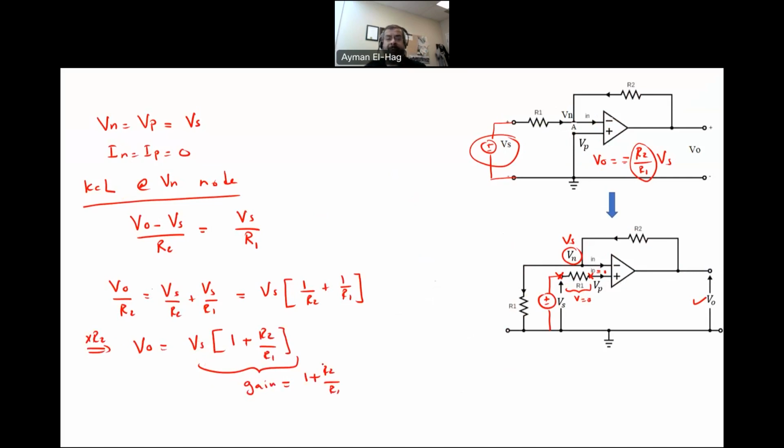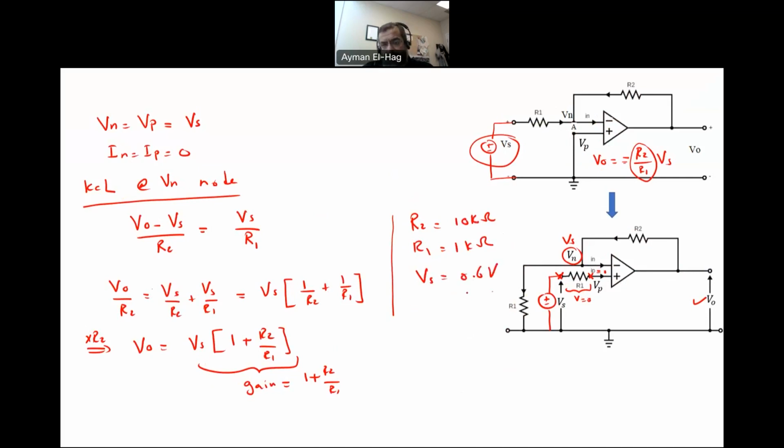So now we'll go to the demonstration. I will select R2 equal to 10 kilo ohms, R1 equal to 1 kilo ohm, and Vs equal to 0.6 volt.